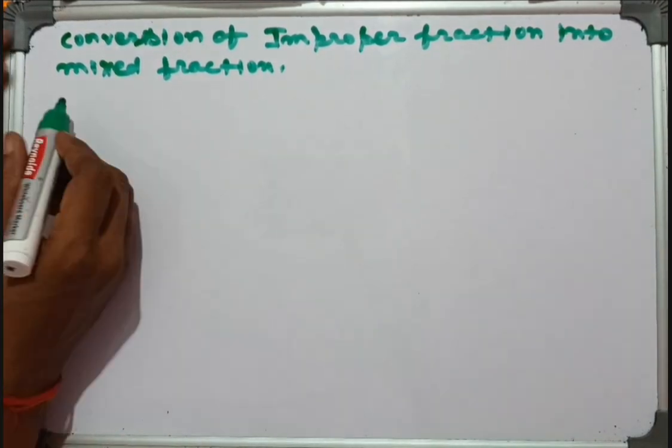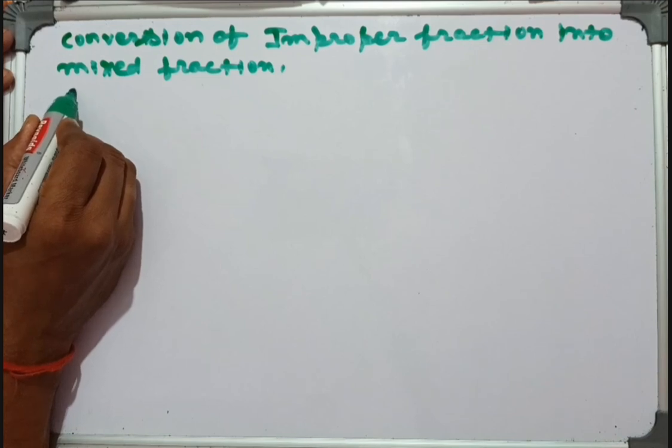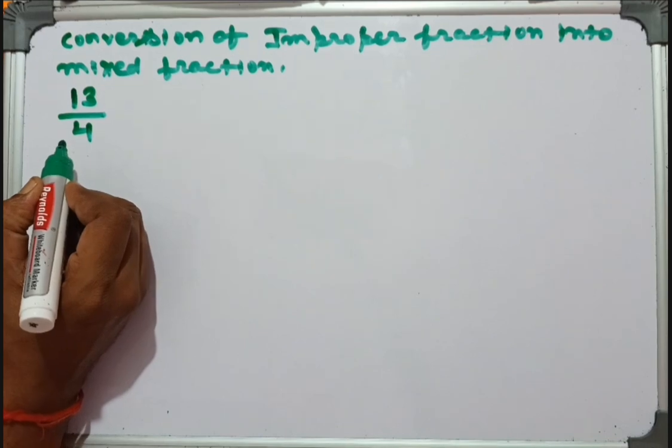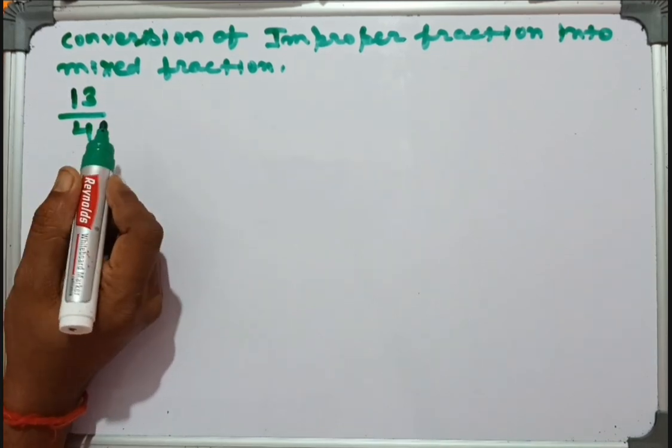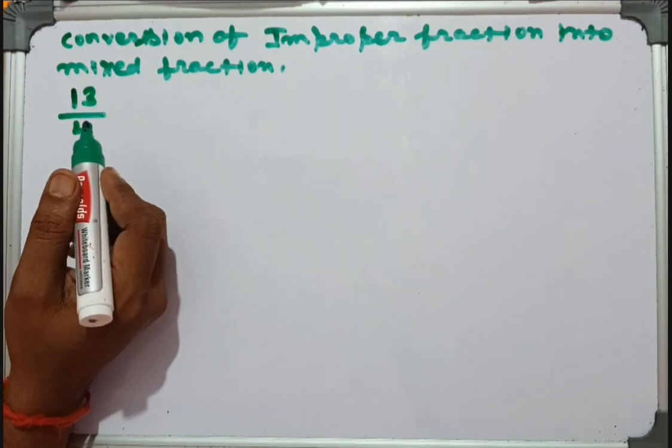Suppose we have a fraction 13 by 4. Now if you want to convert it into a mixed fraction, how could you do it?